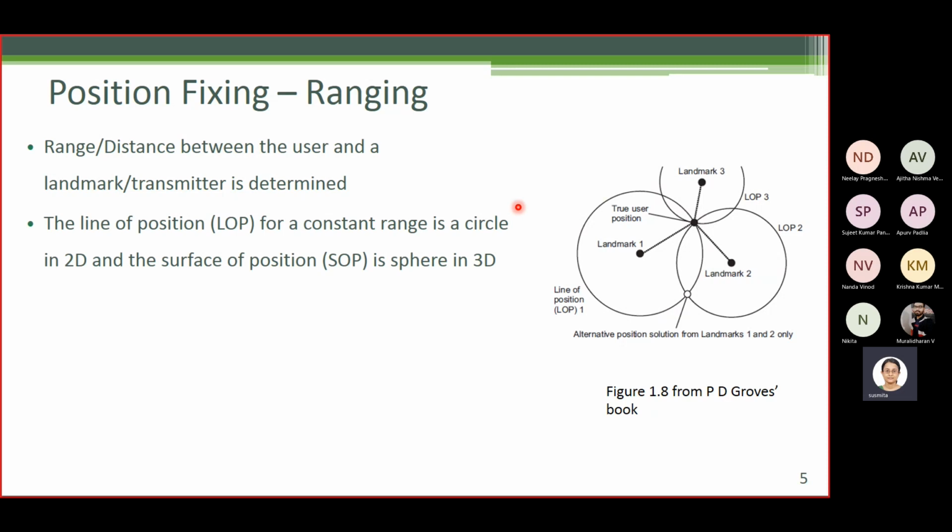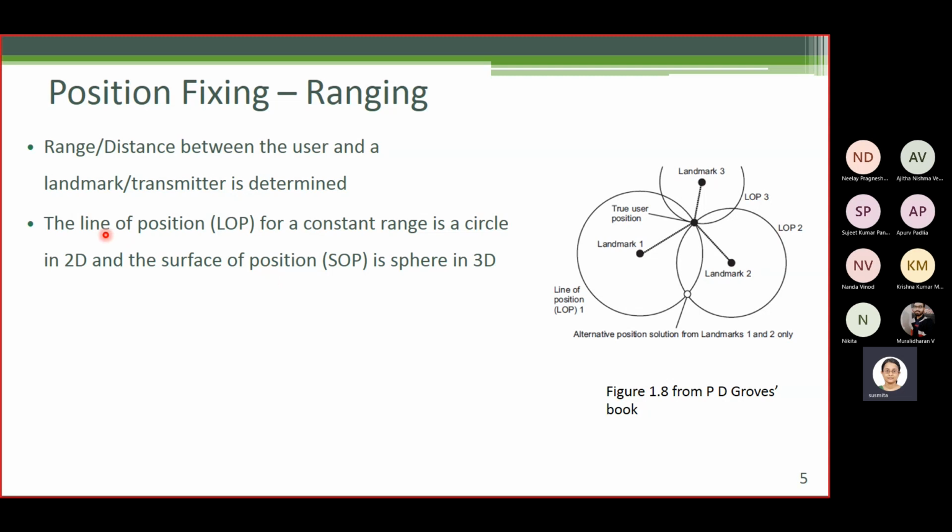Now the locus of the user position at which the measured quantity is constant is called line of position in 2D. For ranging, the measured quantity is generally range. So the line of position for constant range is a circle in 2D. Now if we extend this to 3D, then the circle becomes a sphere.